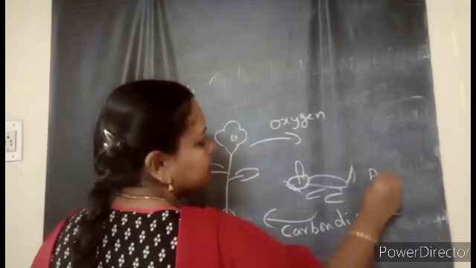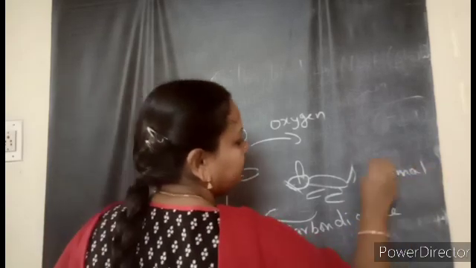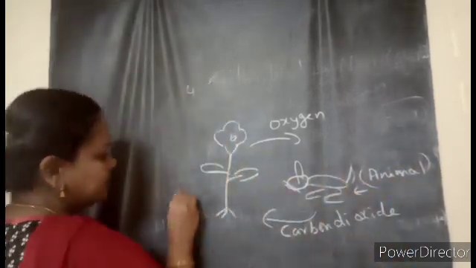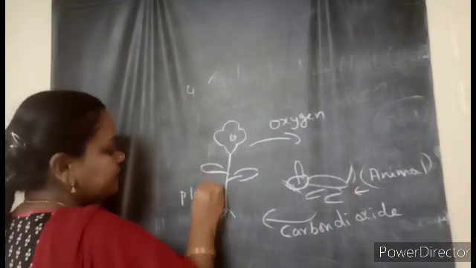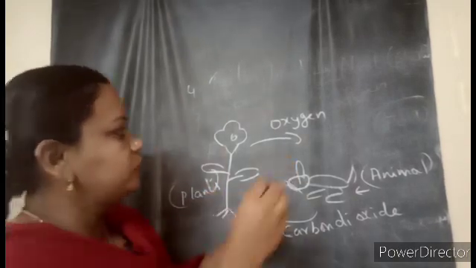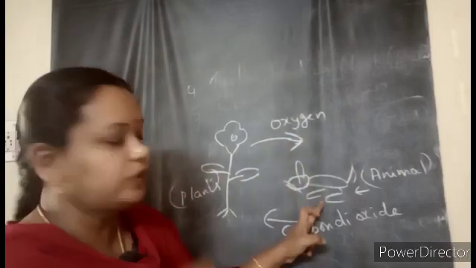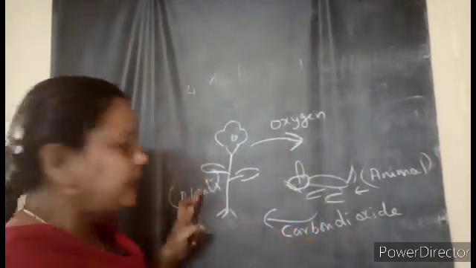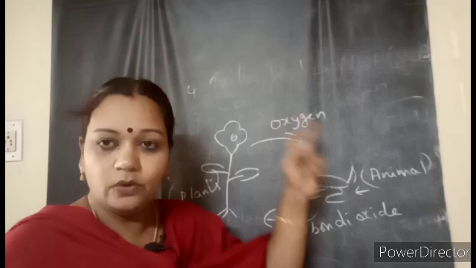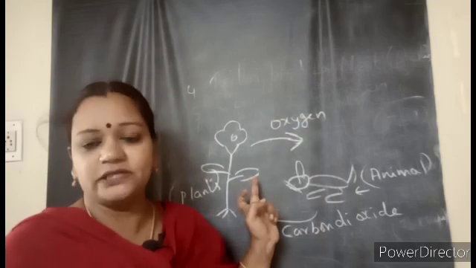The plant has to live, and to live it has to prepare food. This is the animal, this is the plant. This is giving oxygen to the animals, and animals give carbon dioxide to the plants. See how we are depending on each other.